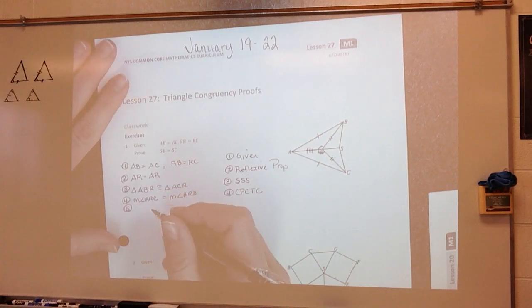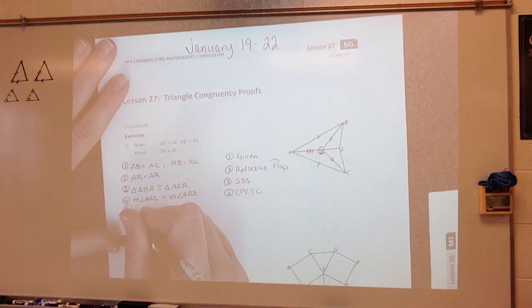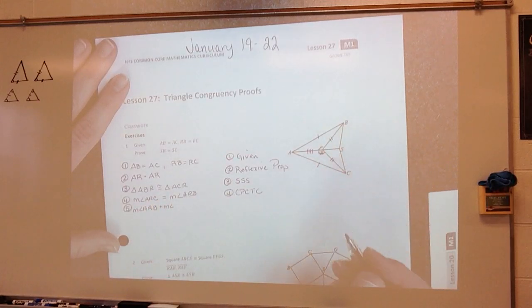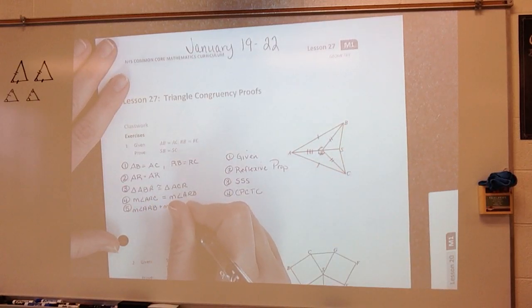I can now say that the measure of angle ARB plus the measure of angle BRS equals 180 degrees.